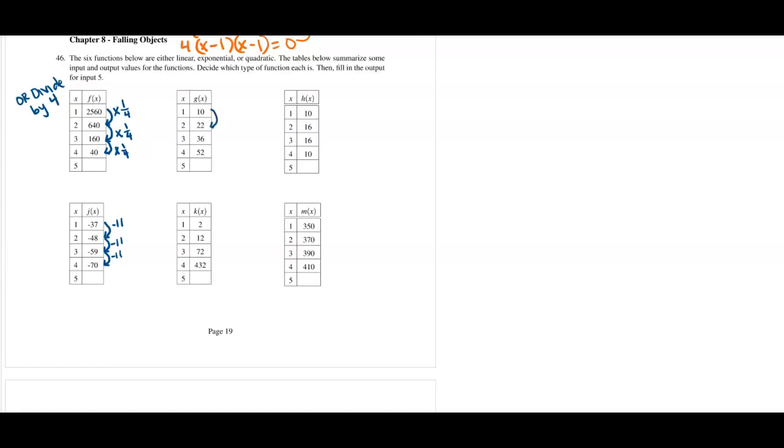So let's figure out what our pattern is here. Again, they're not going up by huge amounts, but it is going up, so I'm thinking, oh, I must be adding a certain number each time. So 10 plus what gives me 22?